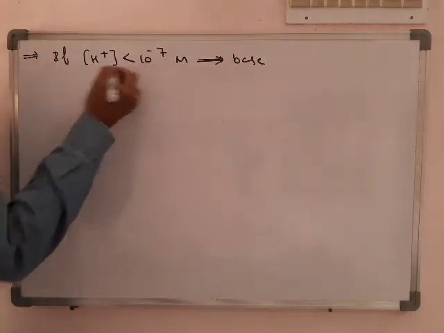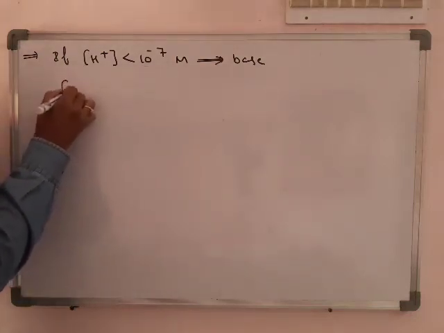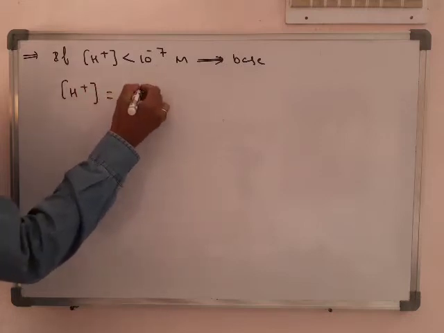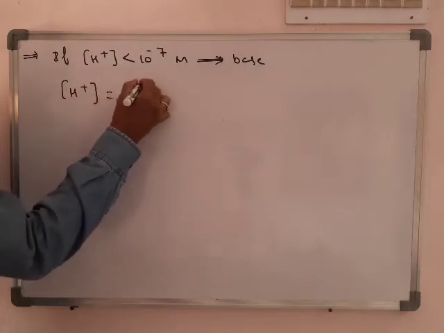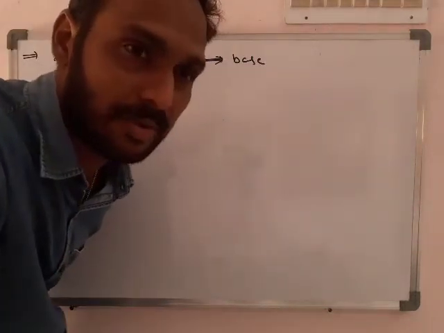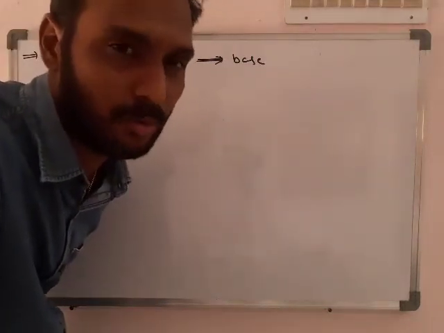What are the possibilities for less than 10^-7? Even 10^-7.1 is less than 10^-7.